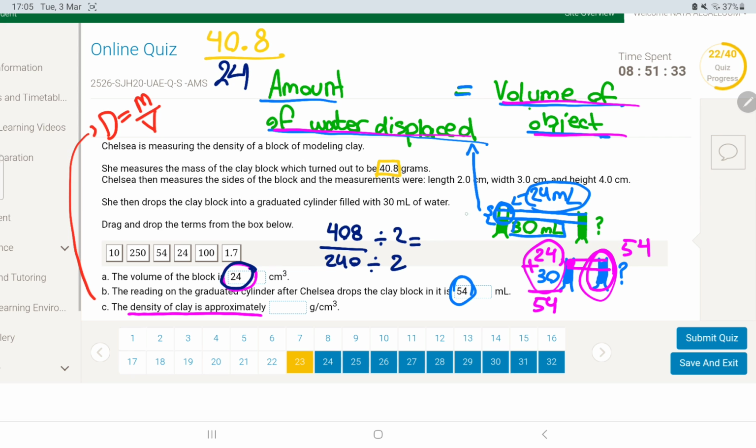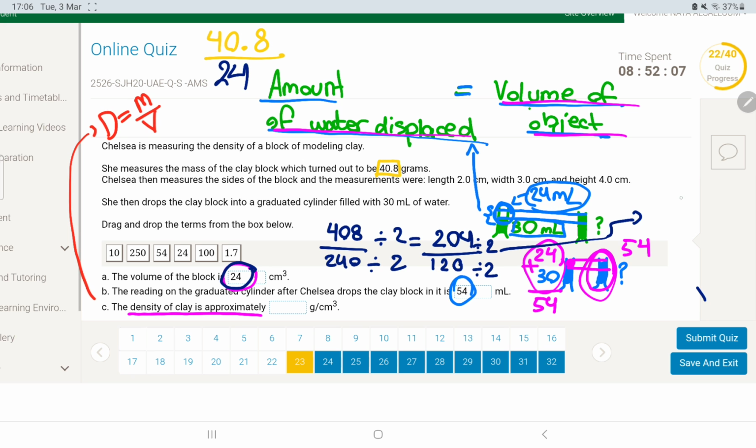Here you get 204 over 120. That's divided again by 2.